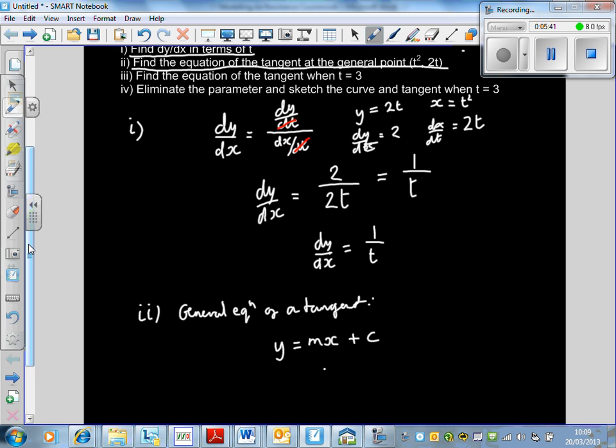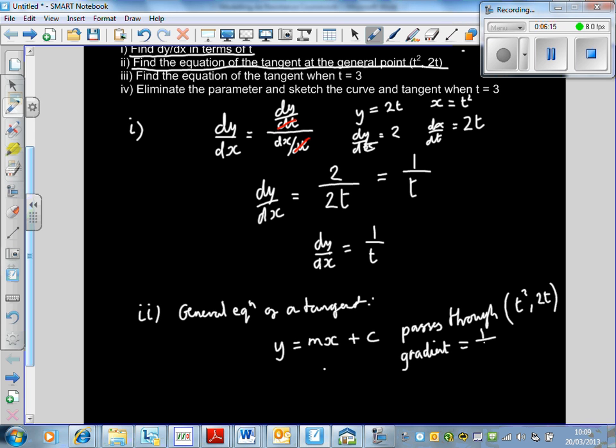Now they haven't given you what that point is, but we know that this line passes through the random point they're giving you. Ordinarily in Core 1, they'd have given you a point, for example 1, 2. But here they're giving it a more general point. They're saying that it passes through the point t squared, 2t. What is the gradient of this line going to be in terms of t?